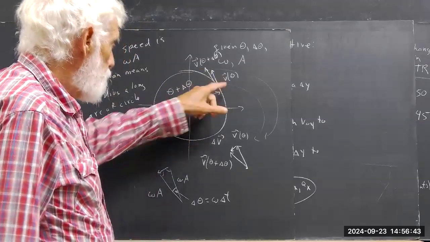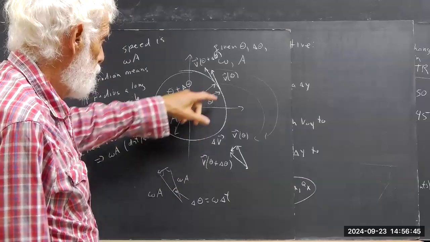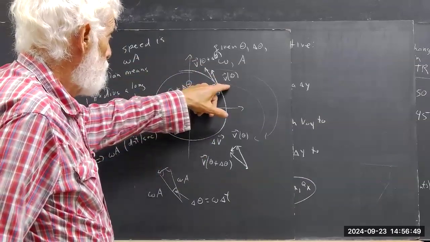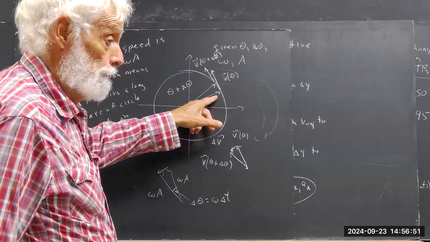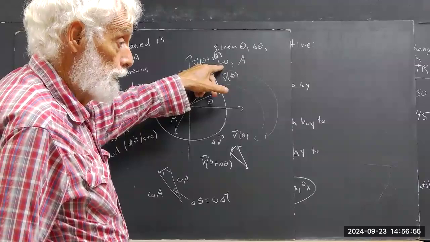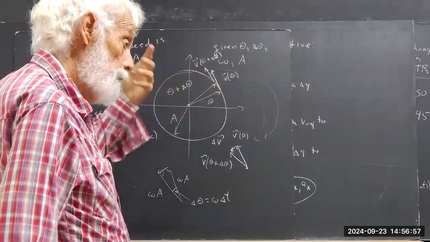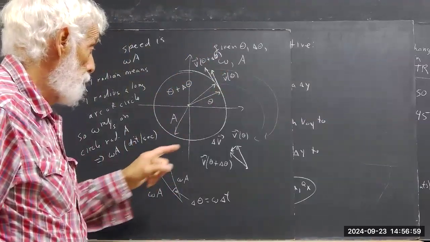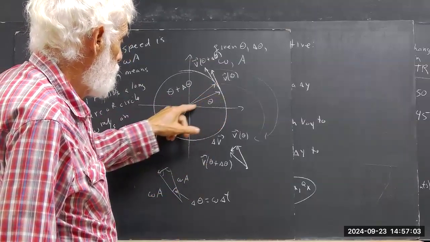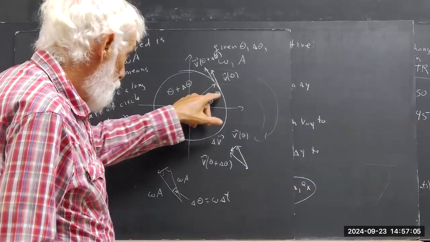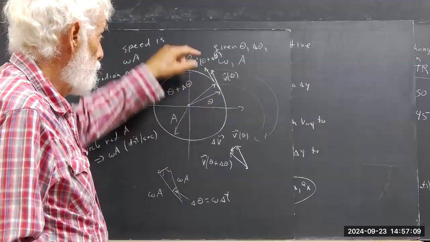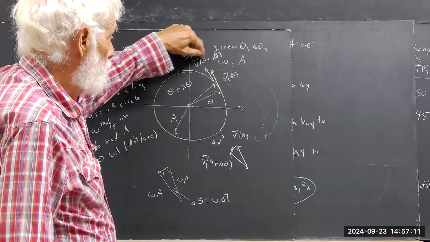Then the velocity vector of a particle moving along this circle is going to be tangent to the circle. Since we're moving at constant angular velocity, there's no tangential acceleration, but we're not going to get into that right now. This velocity will be perpendicular to the r vector when the position is theta, and this velocity will be your velocity when the position is theta.